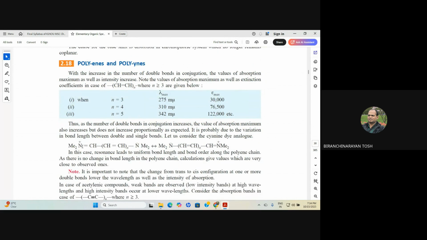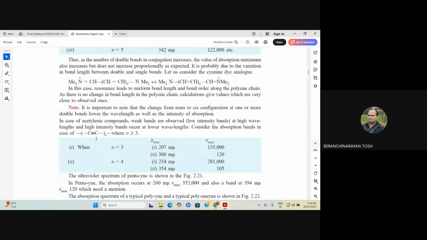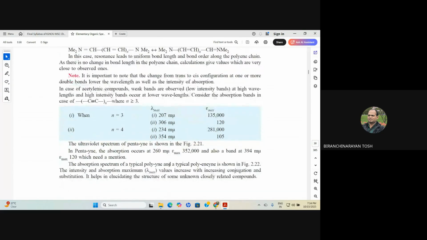So here you can consider, yes, this resonance leads to uniform bond length. So we get this one. This is the alkyne type of thing. So with increase, the absorption maximum, lambda max, also increases.